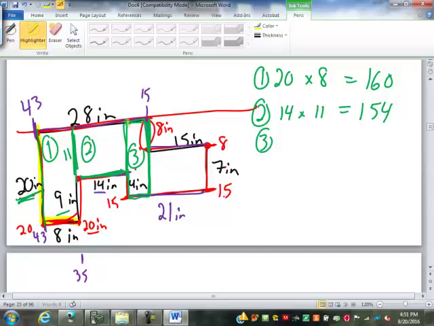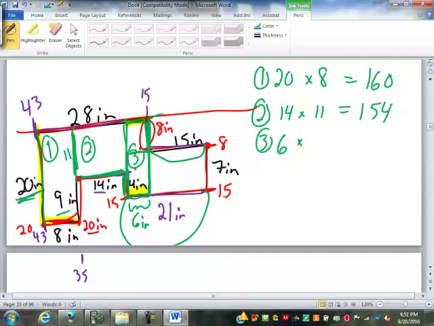Might be easiest to find this dimension first. It'll be this dimension. Can anybody see what it is? Careful. 4 is this way. This has to be 6. It's 21 from here to here. This is 15, so 21 minus 15, that piece has to be 6.